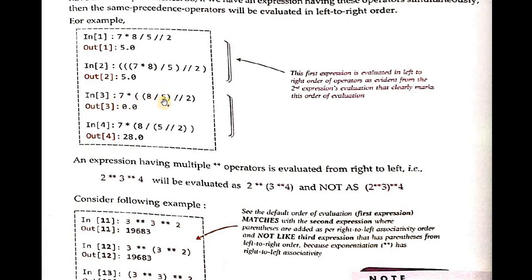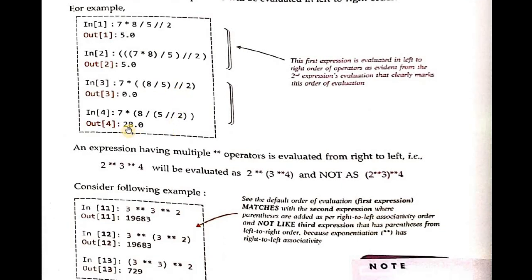So 8 divided by 5 returns 1 point something, and that divided by 2 gives quotient 0, and 0 multiplied by 7 gives 0.0. Here, the bracket is placed on 5 floor division 2, which returns 2, the quotient of this expression.